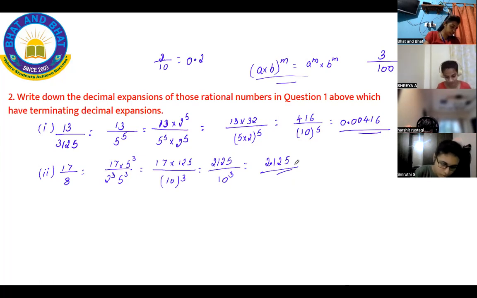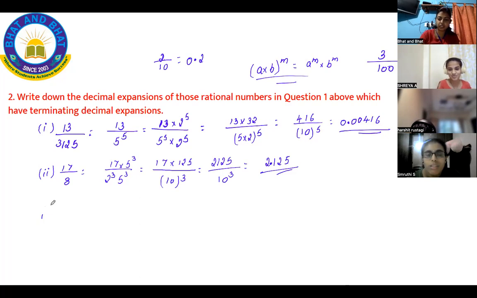Shreya, which is the next question I have to take? Can you tell me the question? Question number 4: 15 divided by 1,600. The third one was non-terminating.